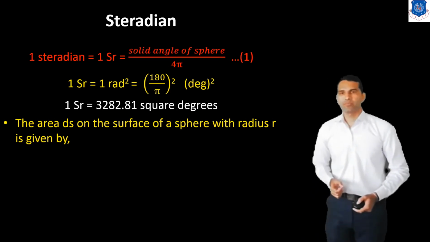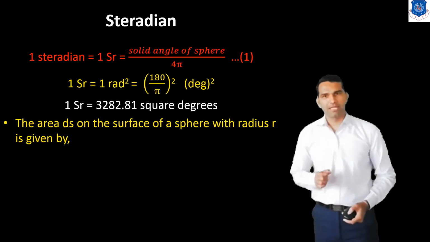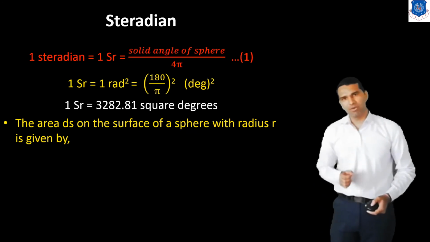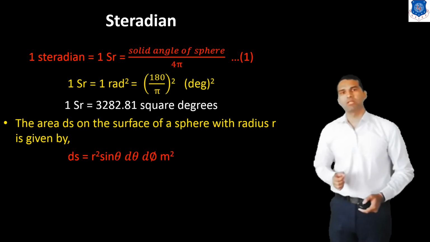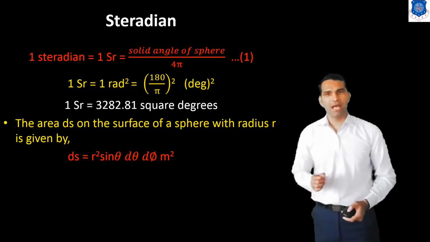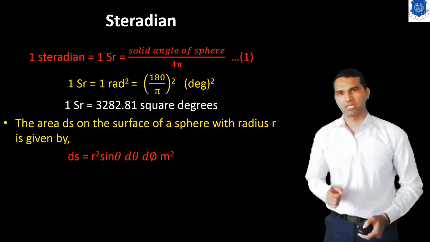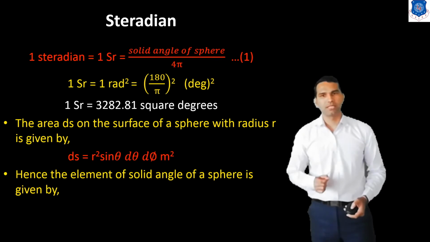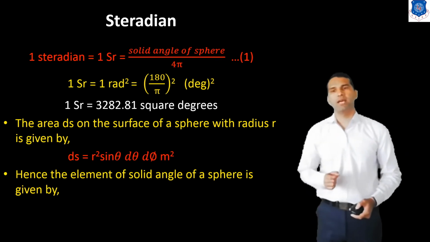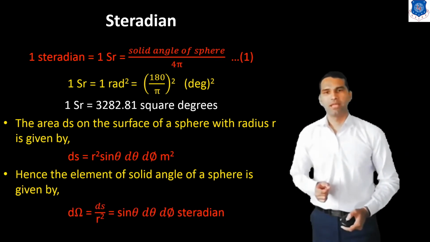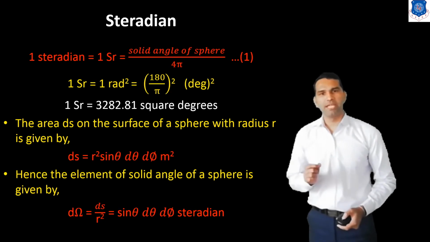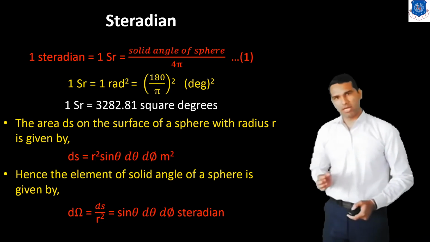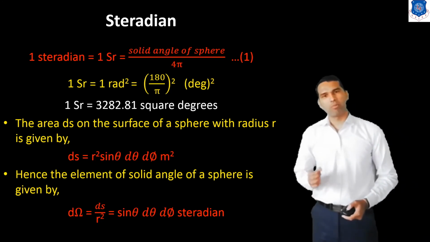The area ds of the surface of a sphere with radius r is given as ds equals r square sine theta d theta d phi meter square. Hence, the element of solid angle of the sphere is given by d omega equals ds upon r square.